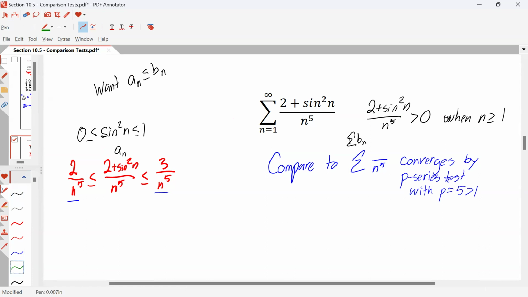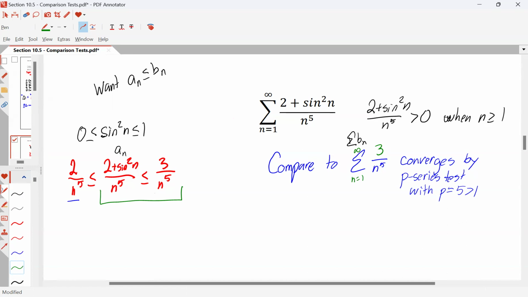That means there's only one part of this inequality that helps us: the 2 plus sine squared n over n to the fifth being less than or equal to 3 over n to the fifth. Since we're looking at a convergent series, we want an to be smaller than the convergent series. So we want the 3 over n to the fifth series. So that is what we're going to compare to.